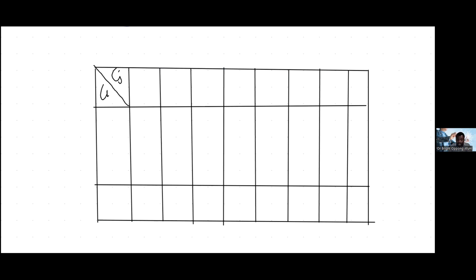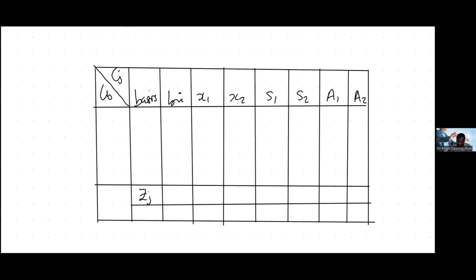So we can now have our CJ, CB, then we have the basis solution. We have the BI, which is the right-hand side, X1, X2, S1, S2, A1, A2, right? Then we have, it's a minimization. So since it's a minimization, we have the ZJ here. So ZJ minus CJ. If it was maximization, then we use the opposite, which is CJ minus ZJ.